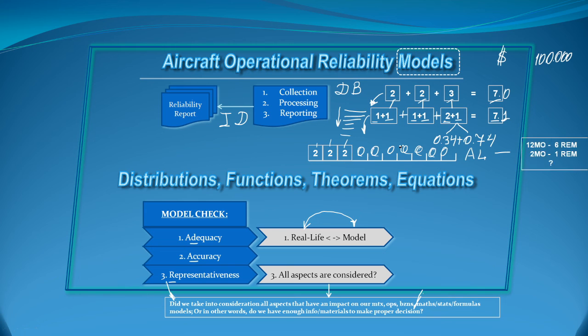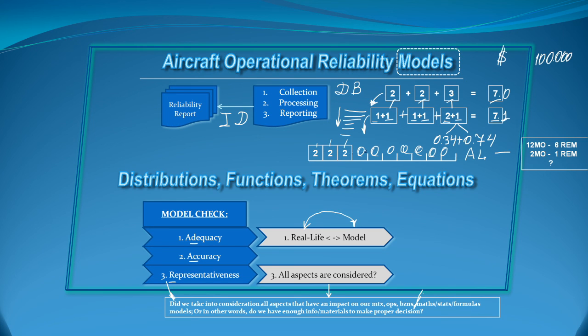We see that, okay, the average is 6 removals over 12 months. Agree? Agree. 2 removals in a month, again, one removal. So everything is okay. From a modeling perspective, we don't have any questions. And more or less, the model is close to real life, right?